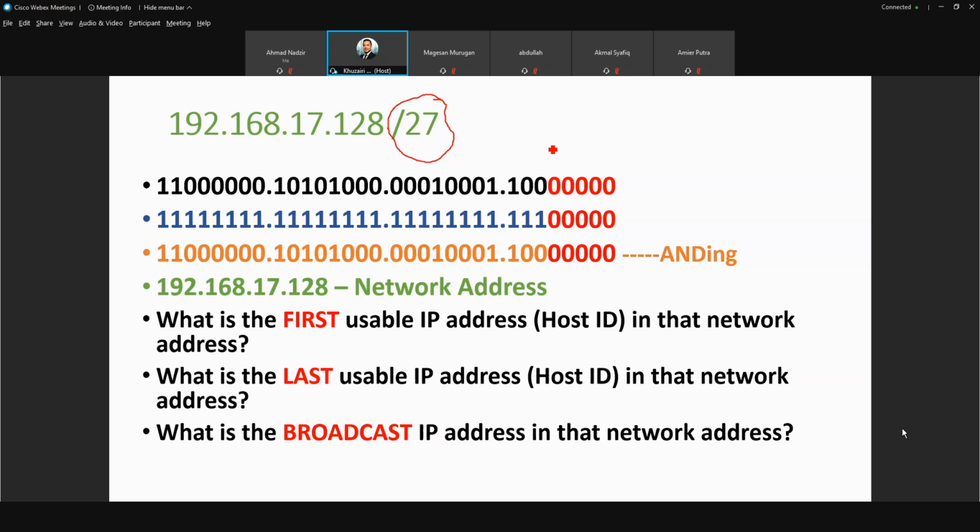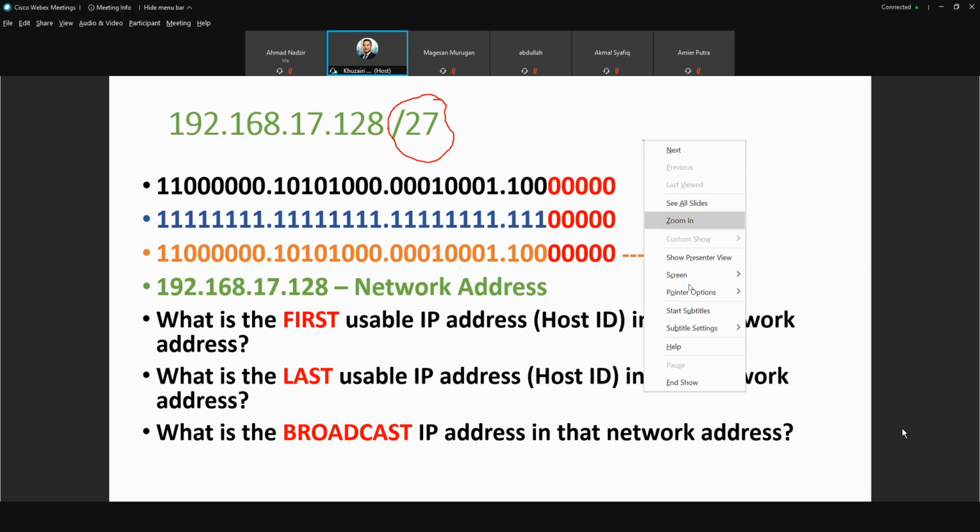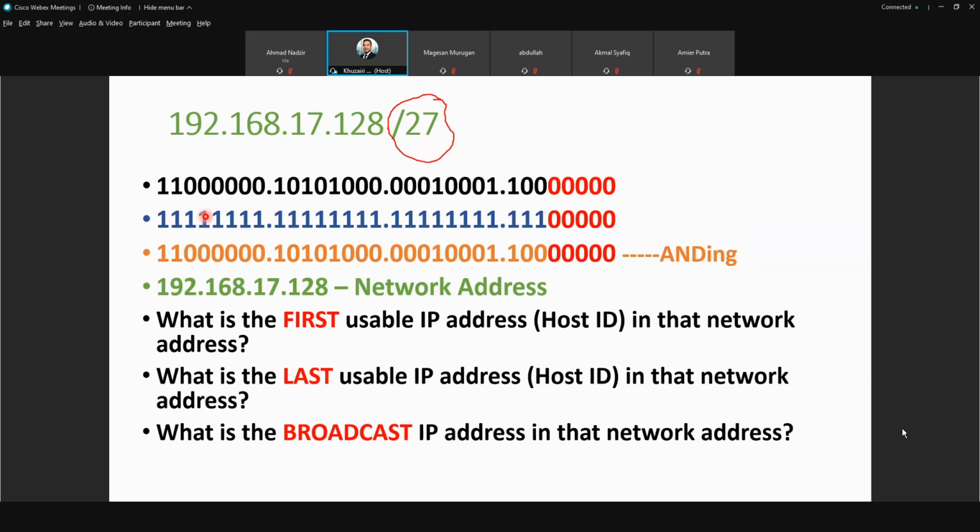You count from left to right. Then you need to convert /27 into decimal. When you convert it into decimal, it becomes a subnet mask. That is where you get this one on the second part: 255, all 1s, 255, 255, and then this is the value.